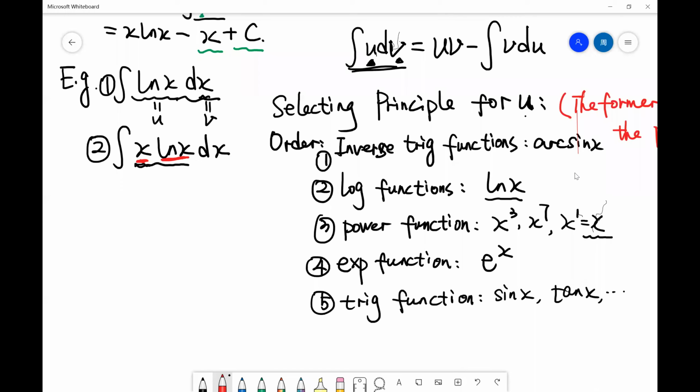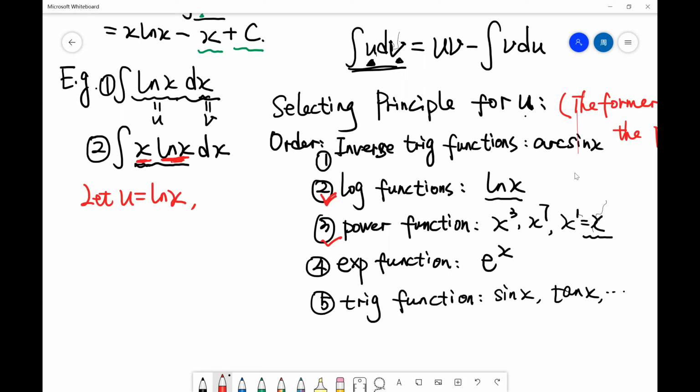Here x is a power function, and ln x is a log function. The former has the priority, meaning the log function has the priority. That means ln x should be u here. So we let u be ln x.